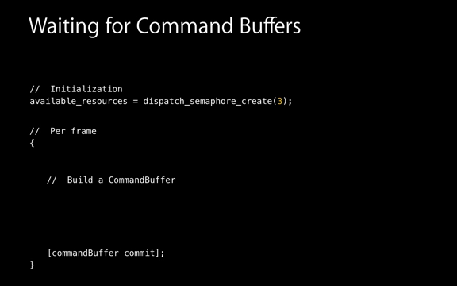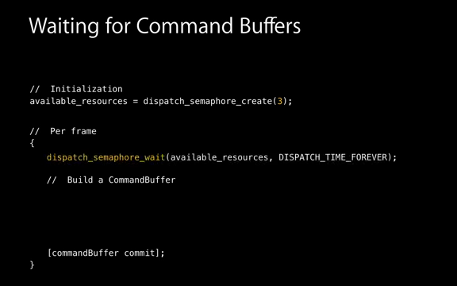But right at the top, before I write to any shared memory that I'm recycling, that the GPU is potentially still reading from, I'm going to wait, and make sure that the GPU has actually finished executing that previous command buffer before I reuse the memory. So this is the second place, apart from next drawable, where you'll probably see an application block when using Metal.